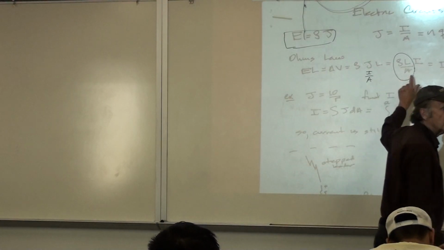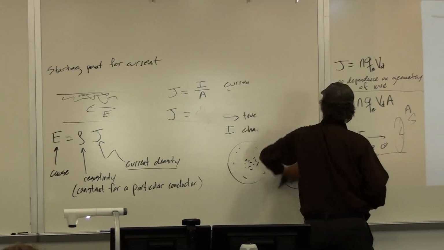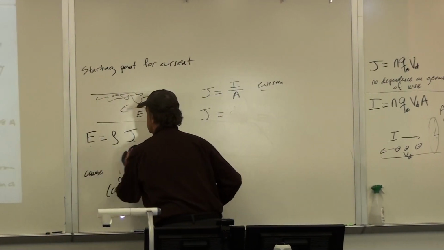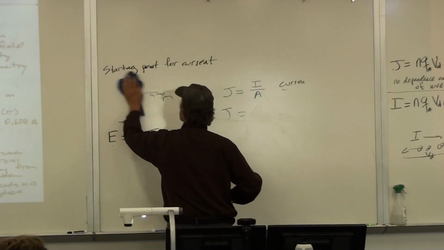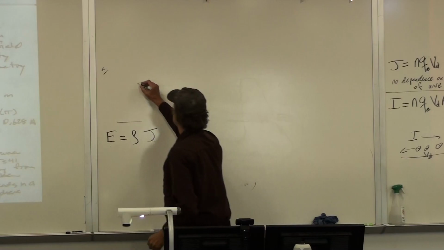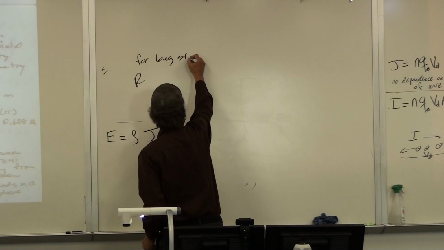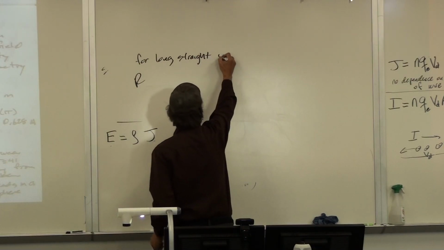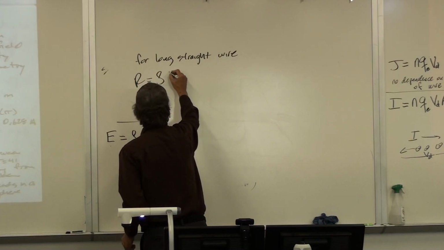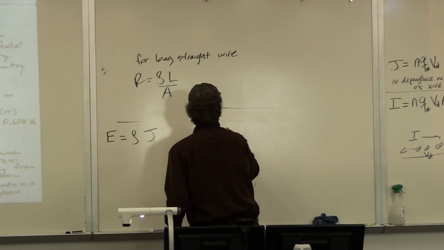So this is a particular example for R, for a long straight wire: our resistivity times the length of the wire divided by the cross-sectional area of the wire.